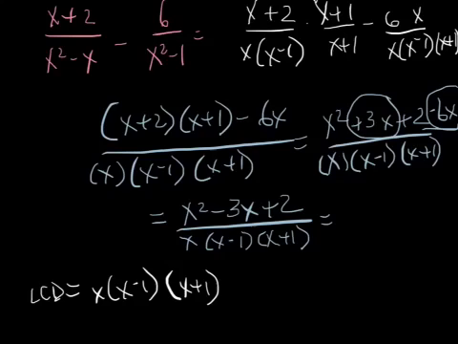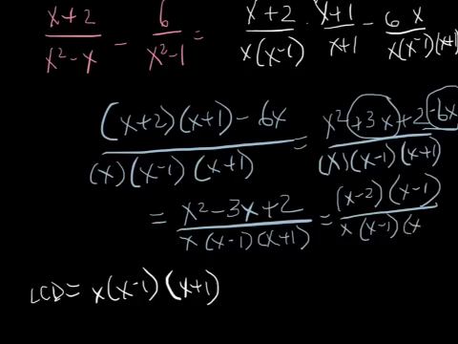And I notice that my numerator can be factored into (x minus 2) times (x minus 1) over x times (x minus 1)(x plus 1). And I'm going to cancel out these two factors. X minus 1 over x minus 1 is equal to 1. And now I'm left with (x minus 2) over x times (x plus 1).